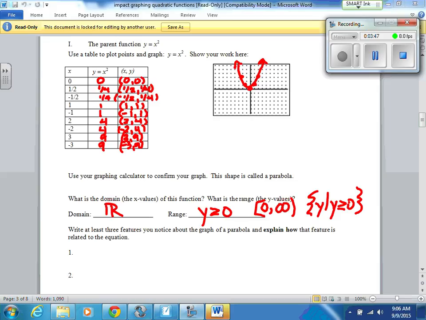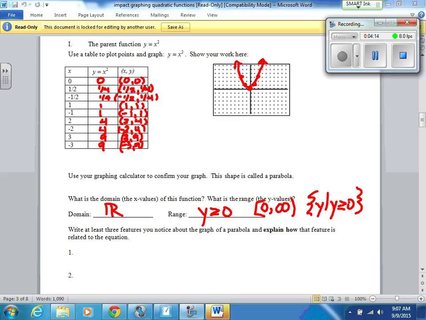The points are getting further away from each other. That could bring us to a third thing. What about each side of it? It's symmetrical. Yeah, I could fold it in half. Exactly. It would match. Maybe not this one that I've drawn, but yours probably would. And definitely the one you calculated.